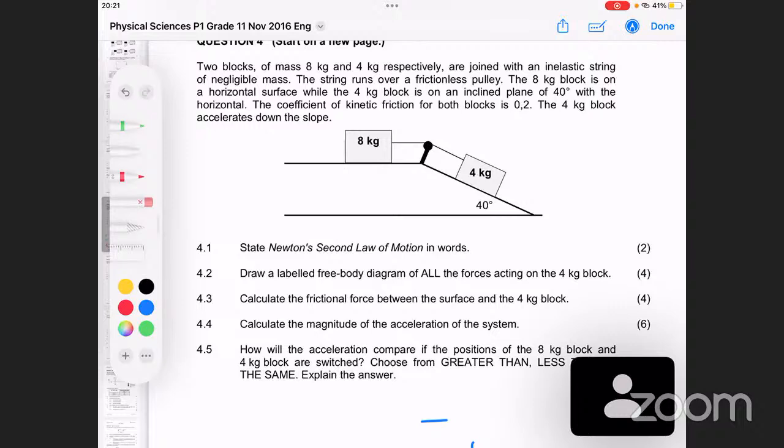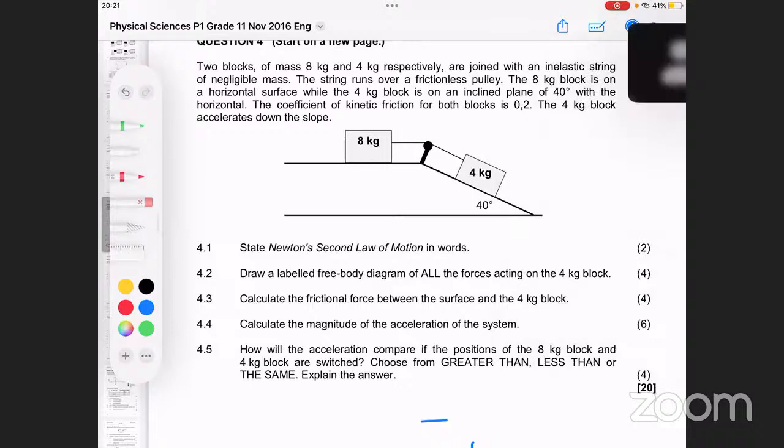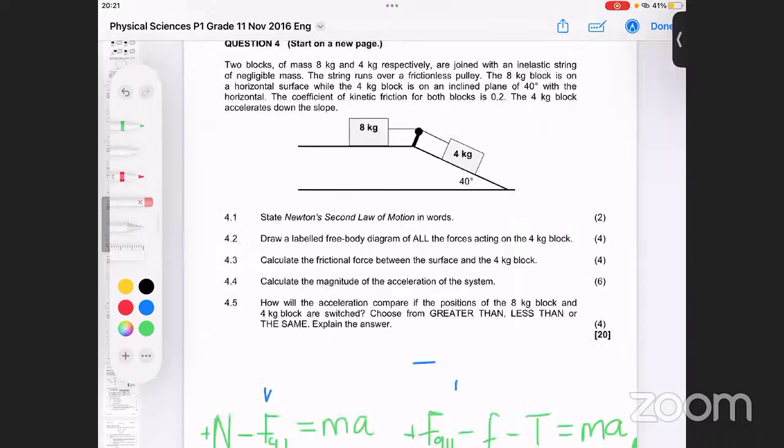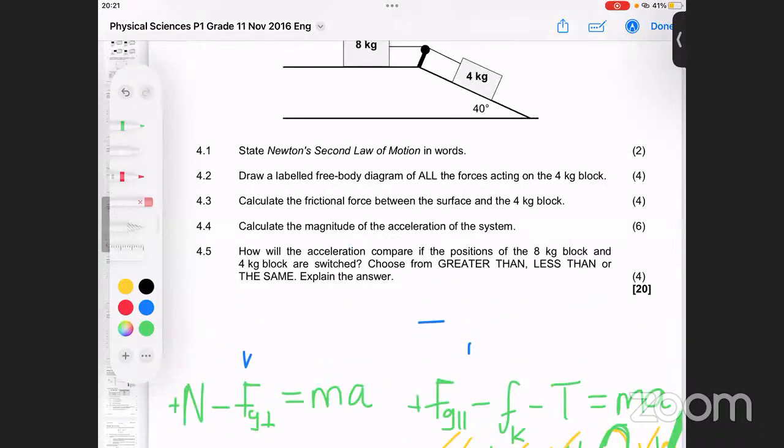Or one can still say maybe that is because the net force increases, because we know that if the net force increases, then the acceleration will increase. Or if the component parallel to the slope increases, then that also serves as a reason. Something of that nature.